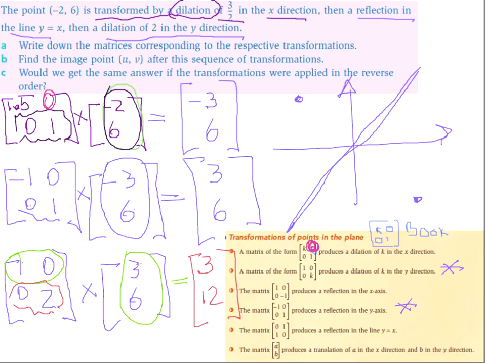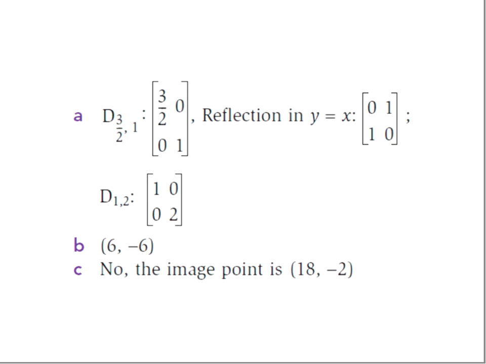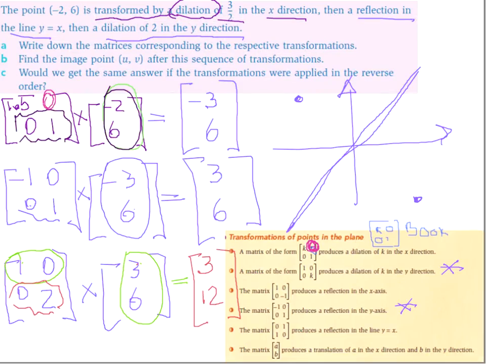Okay, I actually have the answers. Let's check if we've done it right. Okay, so the answer is 6 and negative 6. Well, did we do something wrong? And we got 3 and 12.